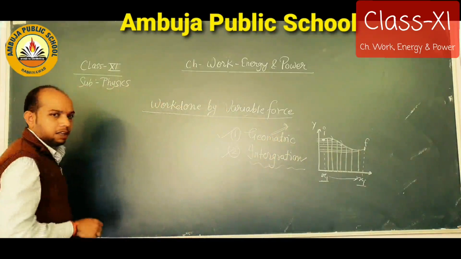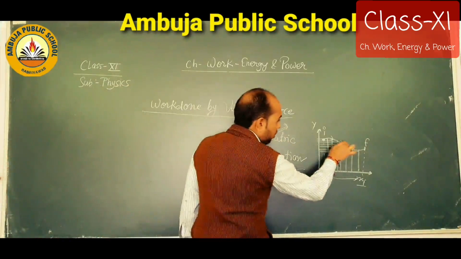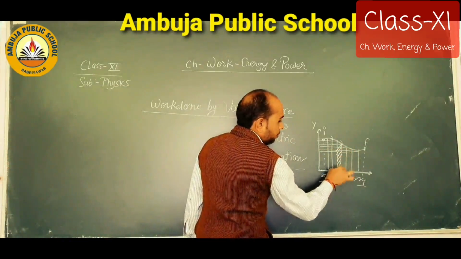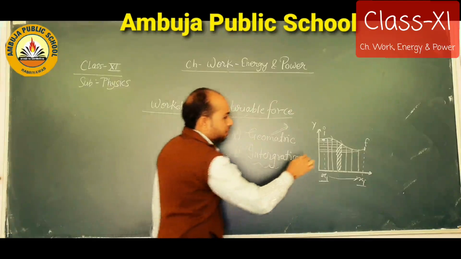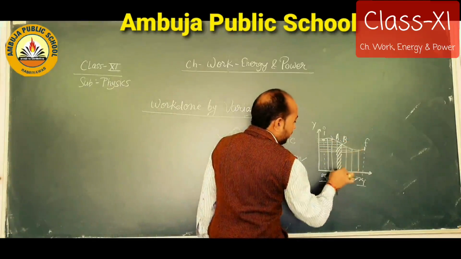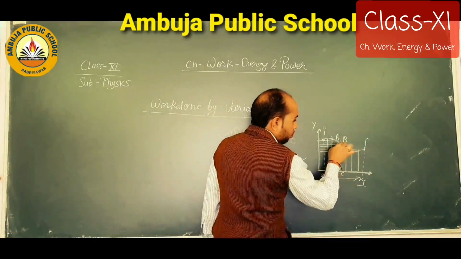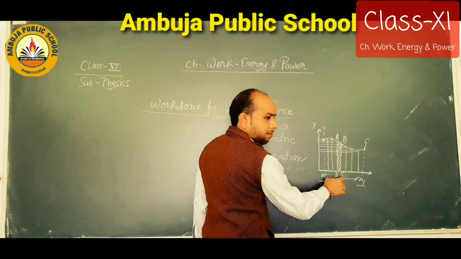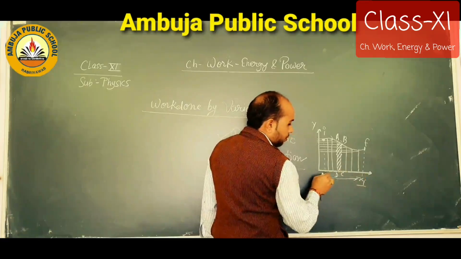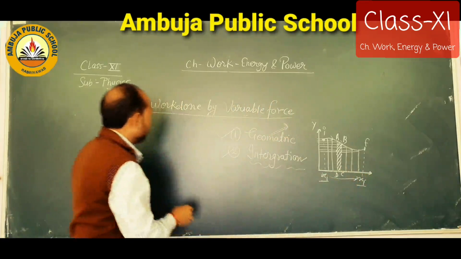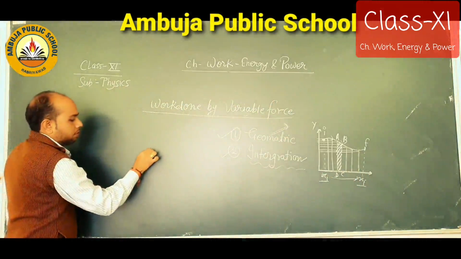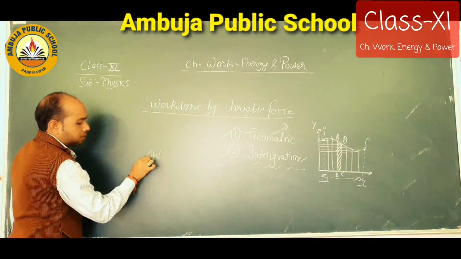In the integration technique, we first take any small strip. For example, if we define A, B, C and D, we calculate first for only A, B, C, D and then apply the limit to find out initial to final. In this situation, work done is written as dW.